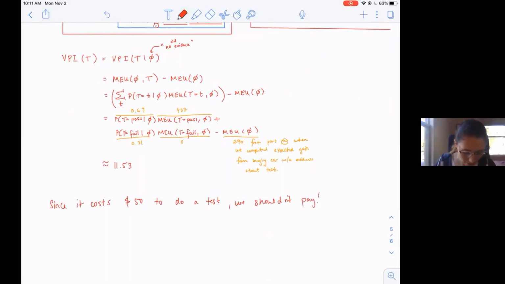Because we'll only get a gain of $11.53 when it's actually costing us $50 to do that test. The amount of expected utility increase is only 11.53, which makes it not worth the extra money that we would spend on actually doing the test and getting that evidence.